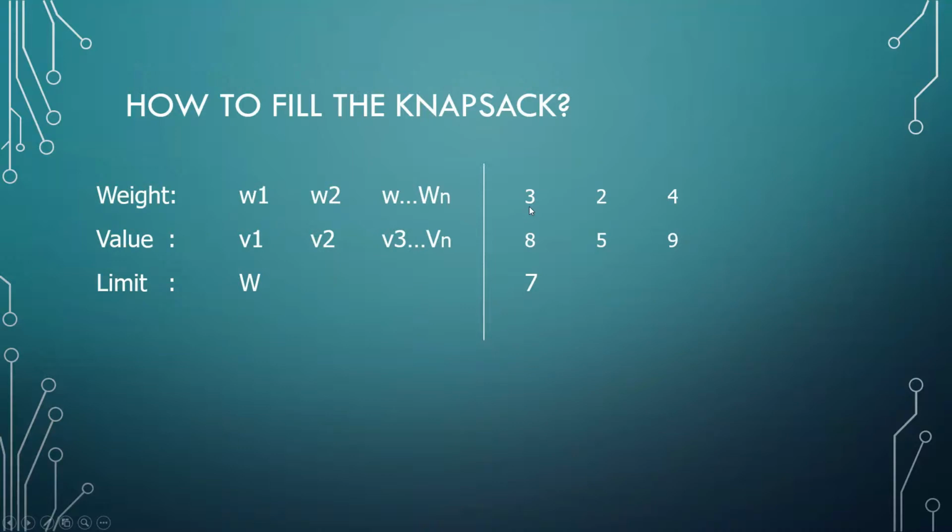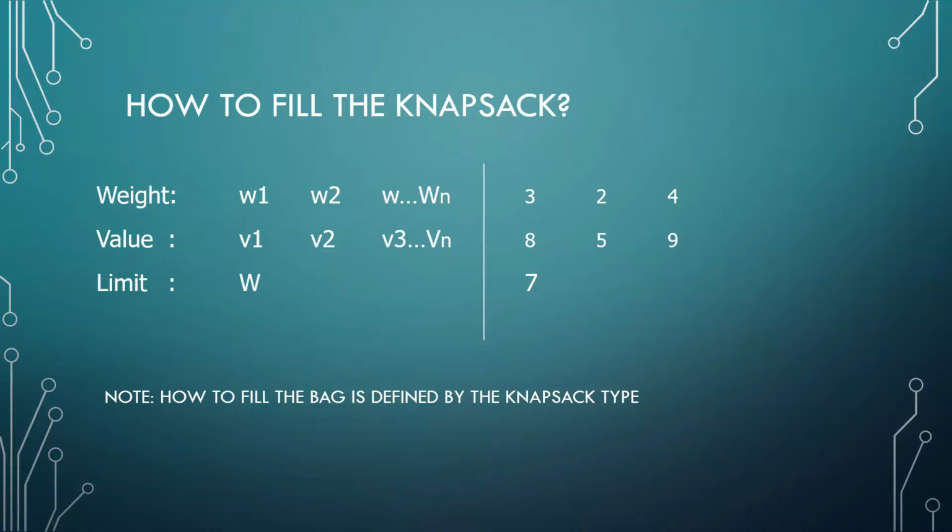The other option is putting the first item and the last item. 3 plus 4, the weight adds up to 7, so we can put it in the bag, and the value comes to 8 plus 9, which is 17. For the first instance the value was 8 plus 5, 13, but for 3 and 4 we get the value 17, which is obviously larger. So the best answer is to put these two items inside the bag.